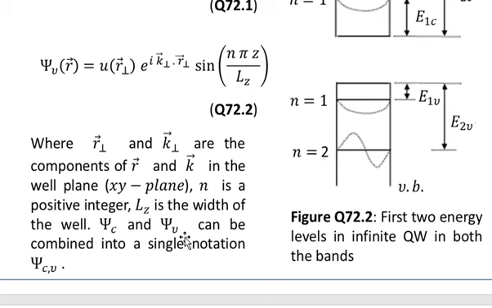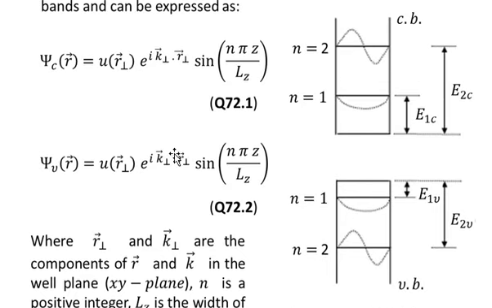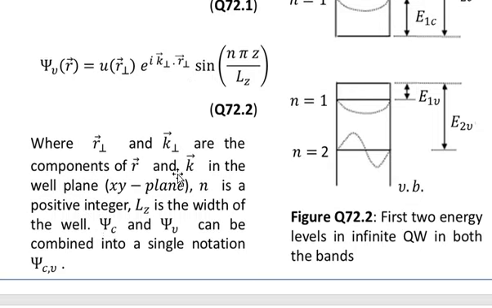Psi c and psi v can be combined into a single notation, psi of cv. Since the Bloch wave functions in the two cases, for the conduction band and for the valence band, are identical, rather than writing these two functions one by one, we are using a combined notation, psi of c comma v.